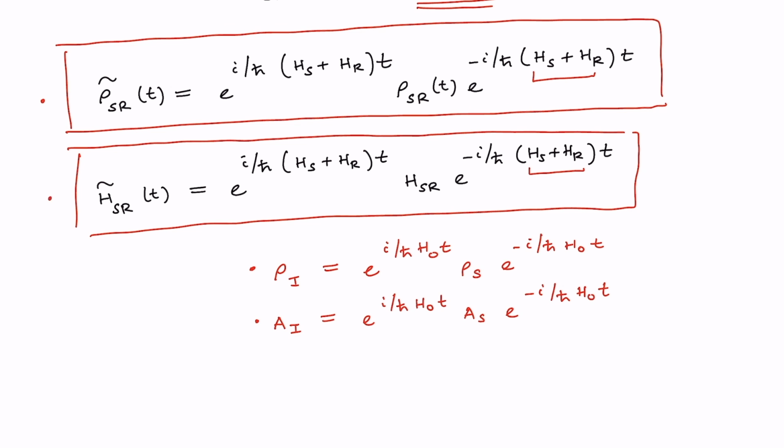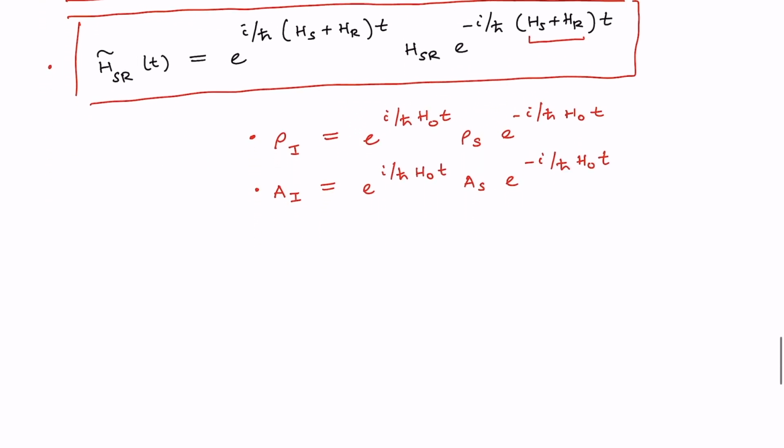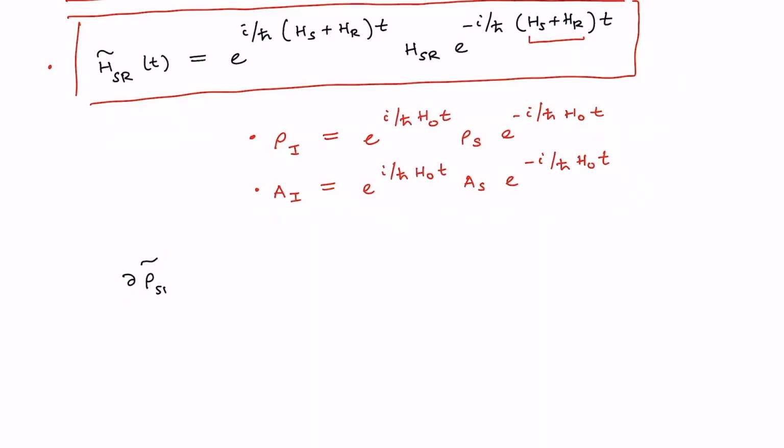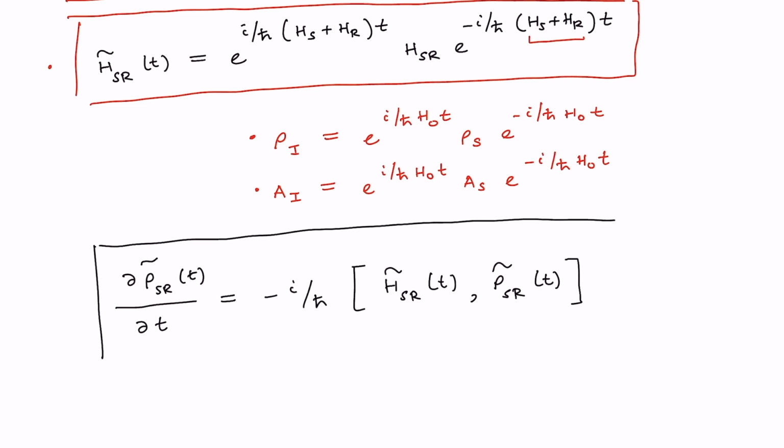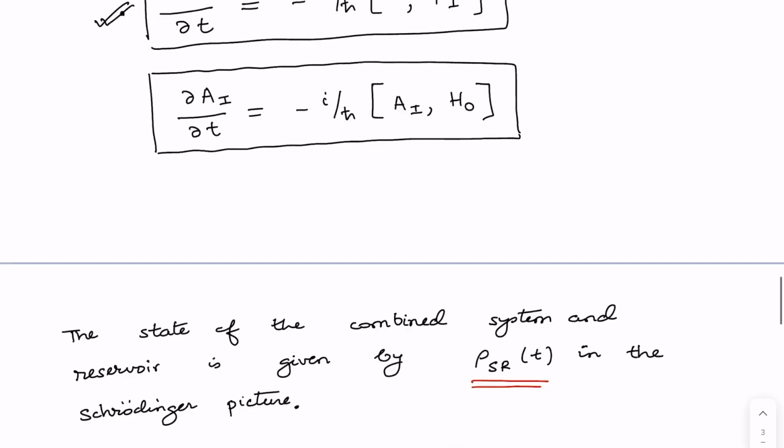Now the equation of motion in the interaction picture becomes: ∂ρ̃_SR(t)/∂t equals minus i by h cross [H̃_SR(t), ρ̃_SR(t)]. In fact, we have already written down the evolution equation for the density matrix in the interaction picture, so let me show you here.